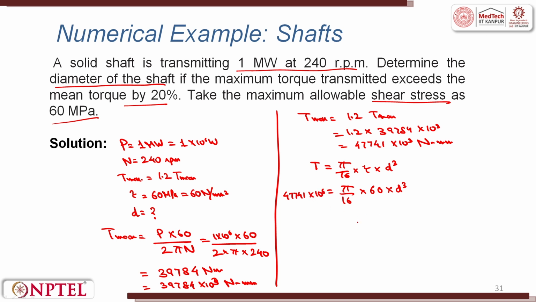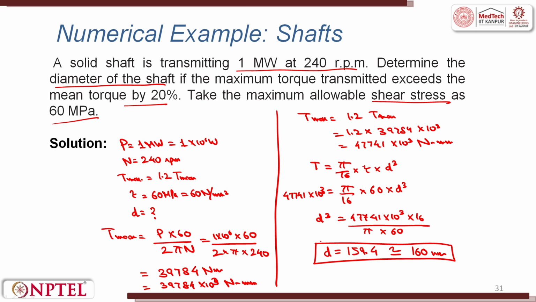Similar to the previous numerical, we will find the value of d. Here I have gotten d cube is equal to 47741 into 10 raised to power 3 into 16 by pi into 60. This gives me value of d as 159.4, or say this is equal to 160 millimeters.